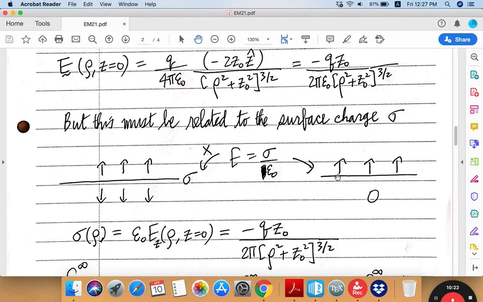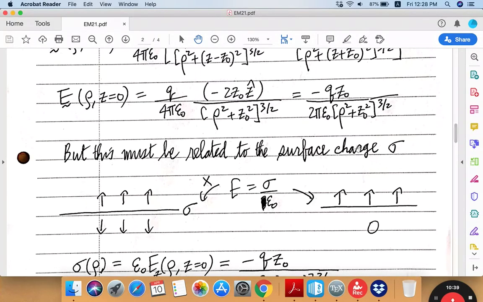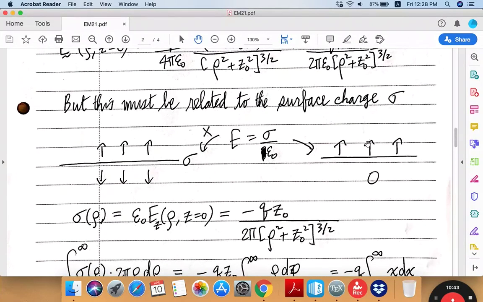So there's no tangential component of the electric field allowed, and the only component possible is the normal one. And in this problem, the normal direction is the z. Okay, so this is the electric field that's pointing upward in the z greater than 0 region.